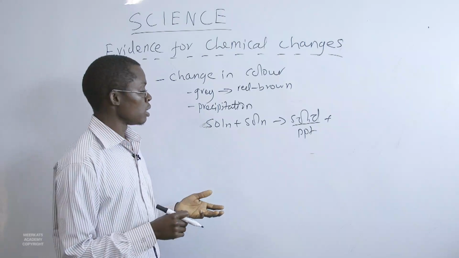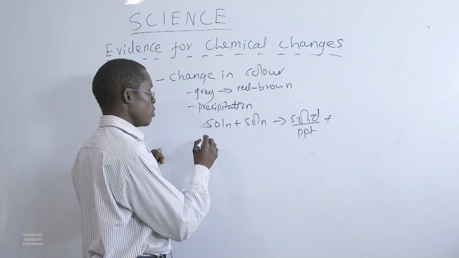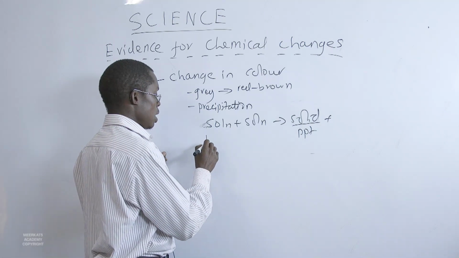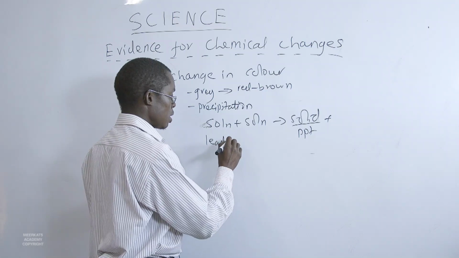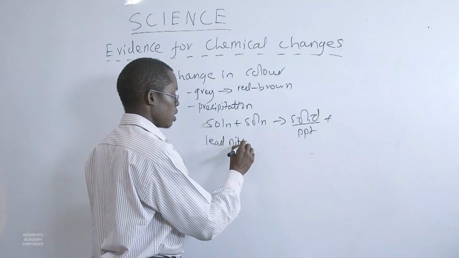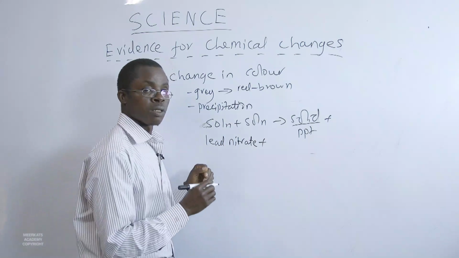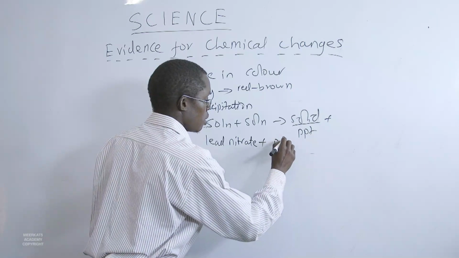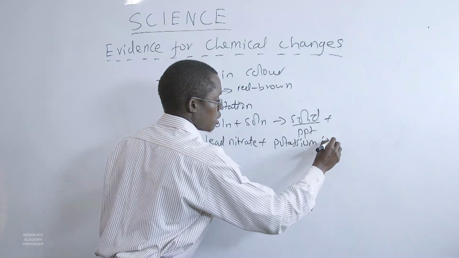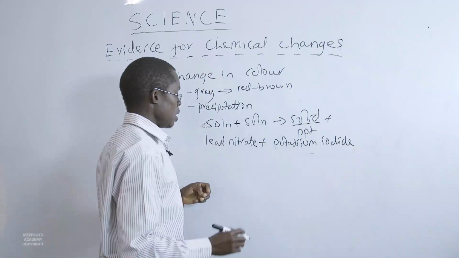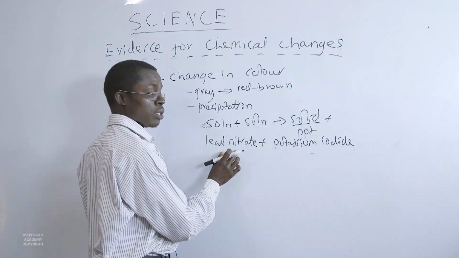A good example is, for example, if you have lead nitrate reacting with potassium iodide. Potassium iodide is a colorless solution.